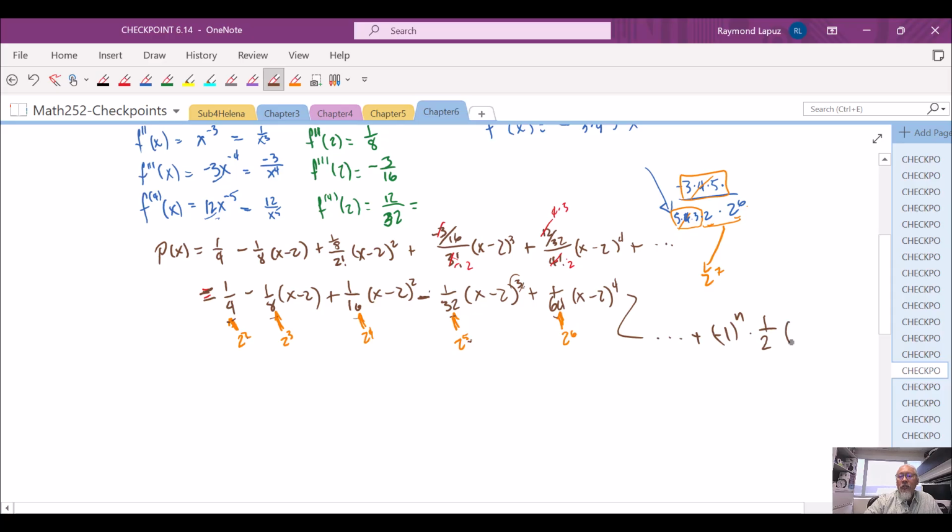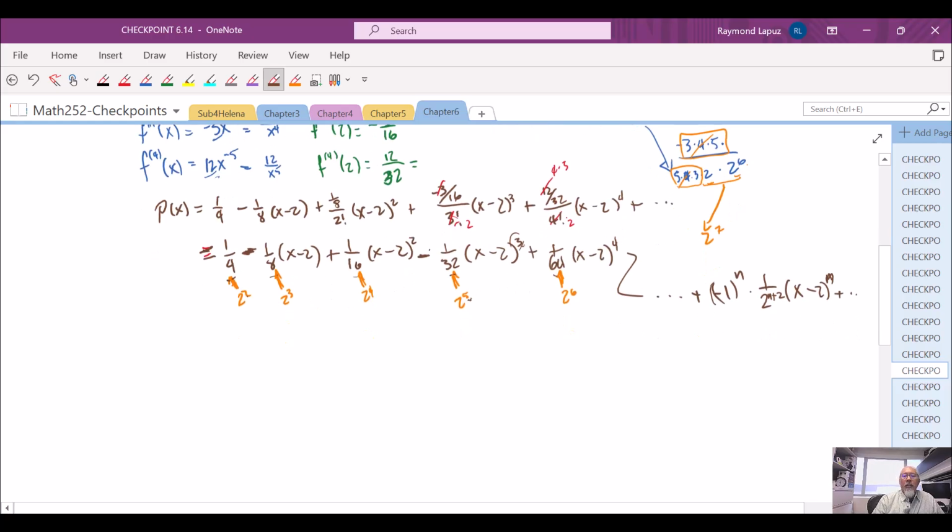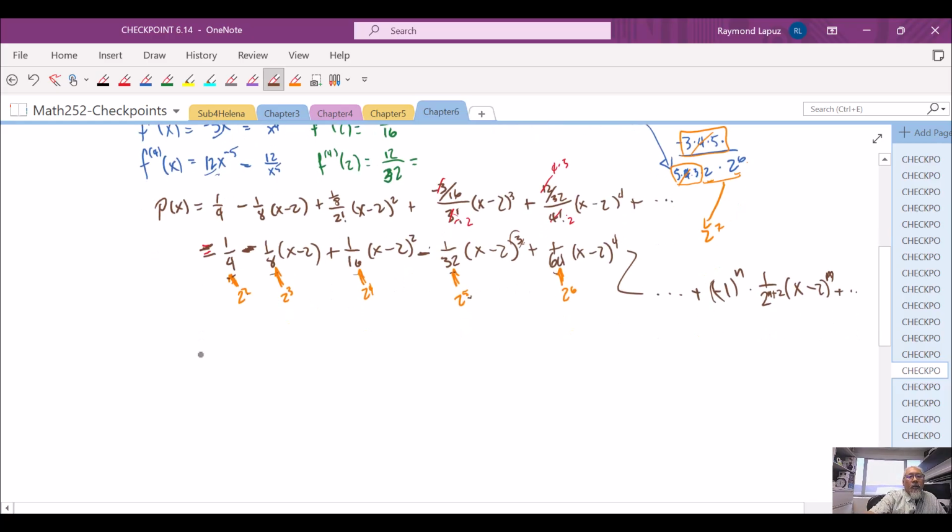So if this was x minus 2 to the nth power, this will be 2 to the n, and then we add 2 to it. And just to make sure, at n equal to 0, we have a positive, and at n equal to 1, we have a negative, so it looks like it fits, and we have a general formula now.